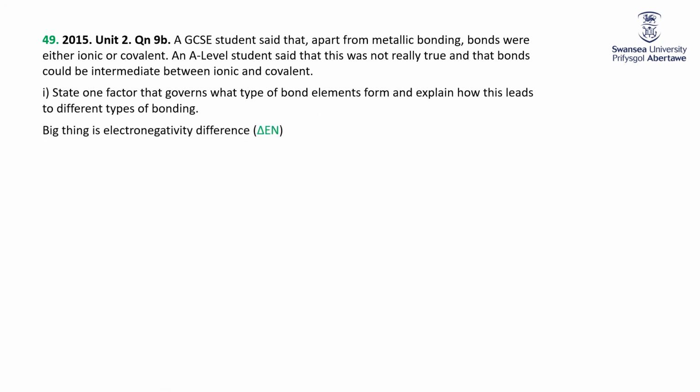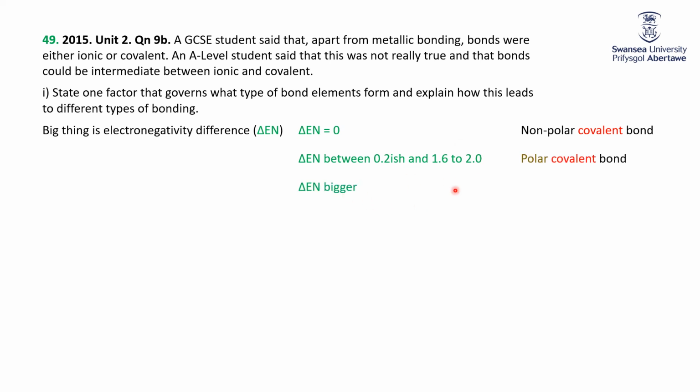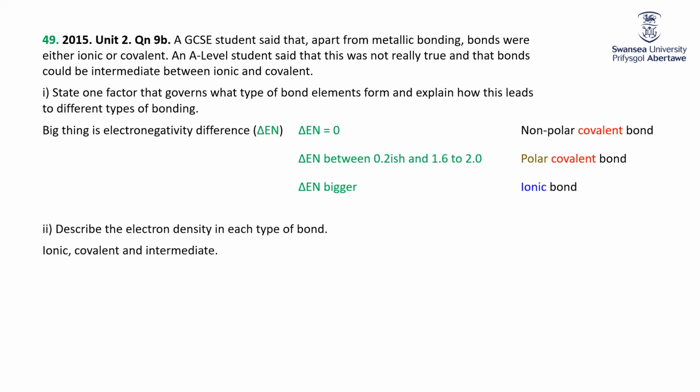And the big thing is the electronegativity of atoms, and particularly the electronegativity difference between two atoms that are going to bond. If the difference in electronegativity is 0, it's a nonpolar covalent bond. Somewhere between 0.2-ish, and in that range 1.6 to 2, we'll say it's a polar covalent bond. And anything bigger than whatever you happen personally to define as the cutoff is going to be ionic.